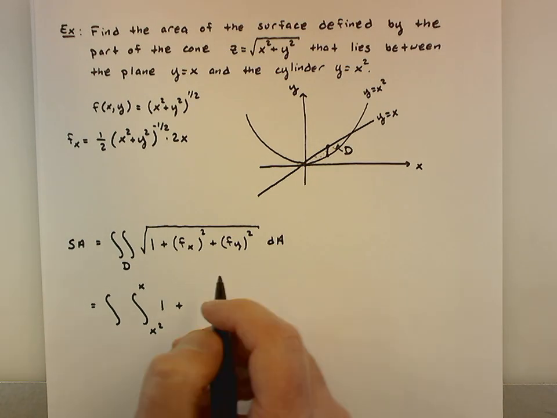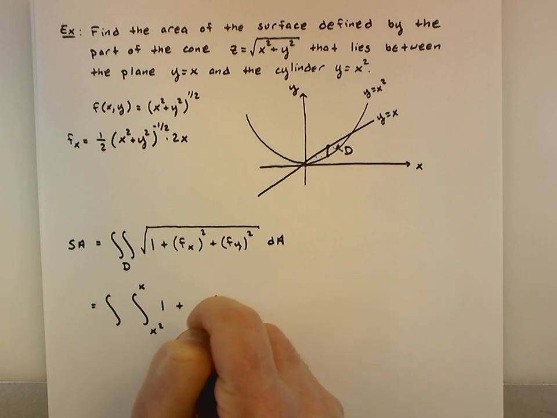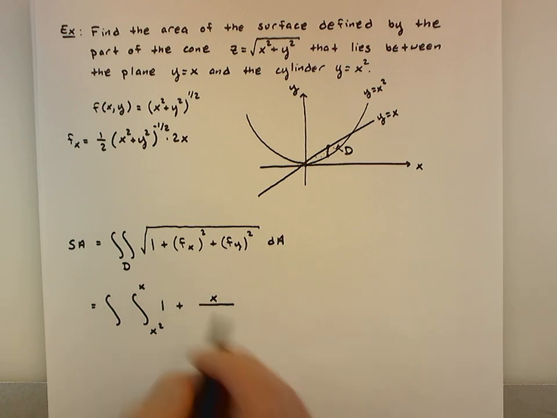The 2's cancel, so I'm left with x over the square root of x squared plus y squared.